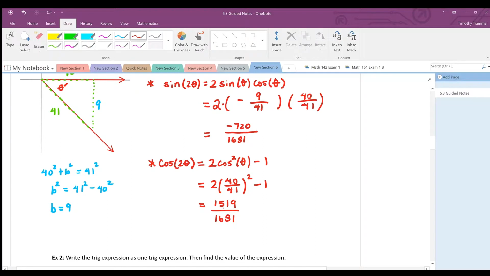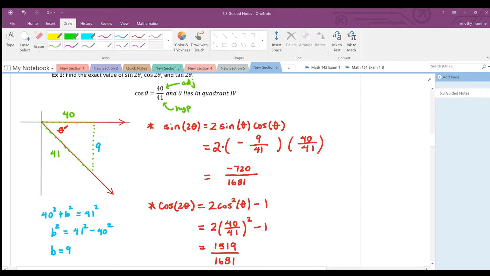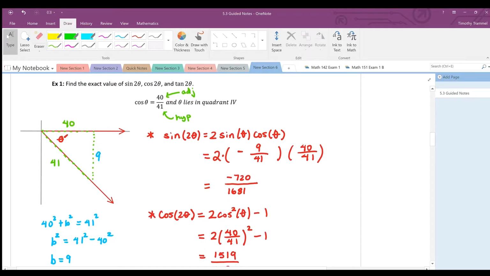All right, and our last one is actually going to be the easiest one. And you might be wondering, well, why is this one going to be easier? Tangent of 2 theta. Well, it's going to be easier because we already know what sine of 2 theta is equal to and what cosine of 2 theta is equal to.